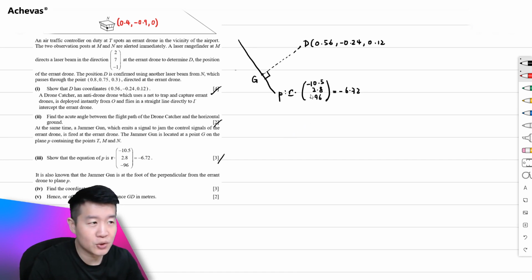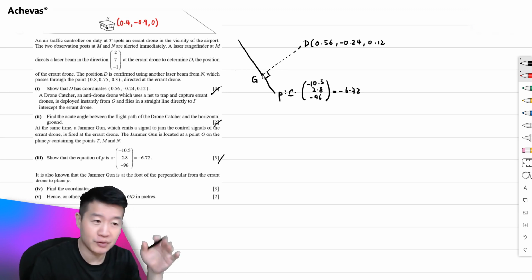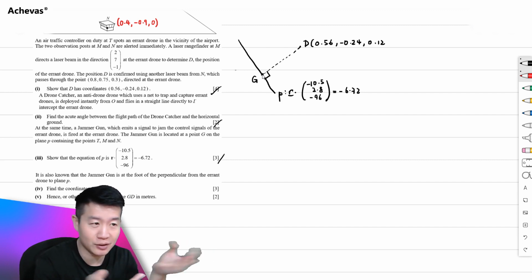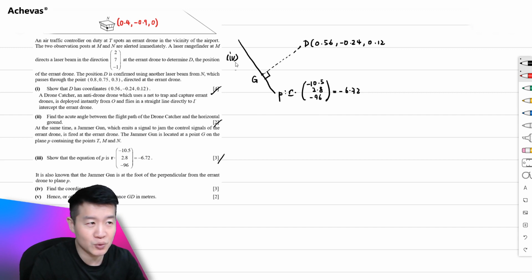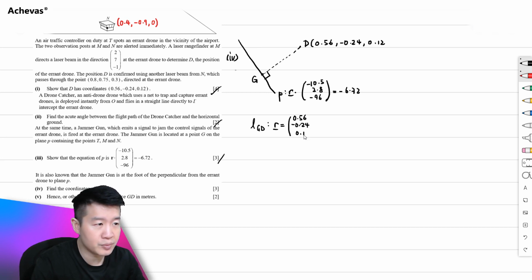Okay. So to find the foot of the perpendicular, I'm going to make use of the process that I discussed on the topic outline on Achevas TV, and it is probably the same as what you are doing in your schools also. So I'm going to first form the equation of a line that passes through G and D. So let's say LGD: r is equal to, since it passes through this point, (0.56, -0.24, 0.12), plus gamma of a direction.